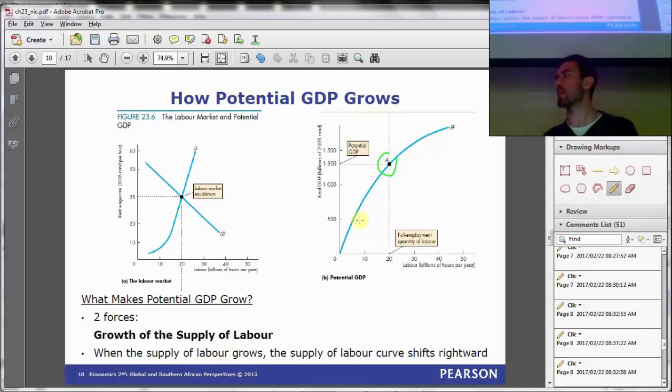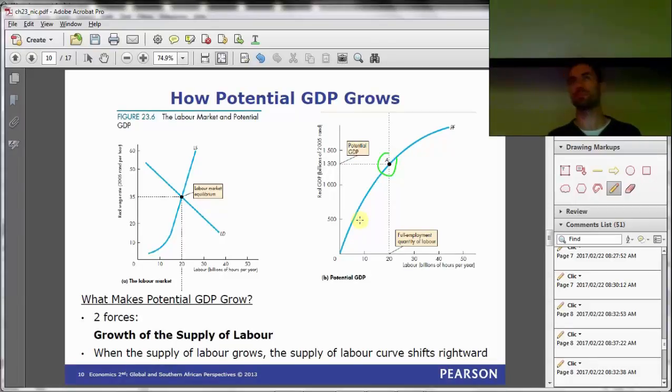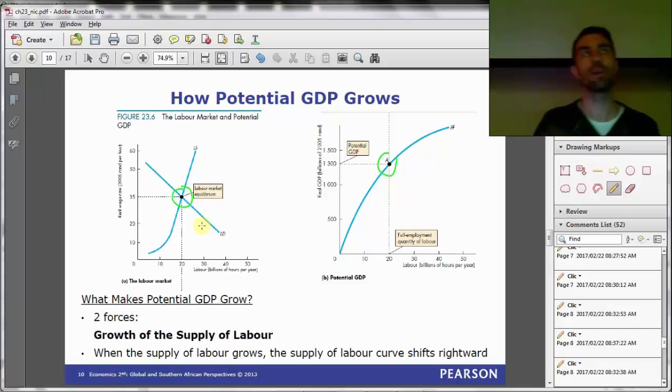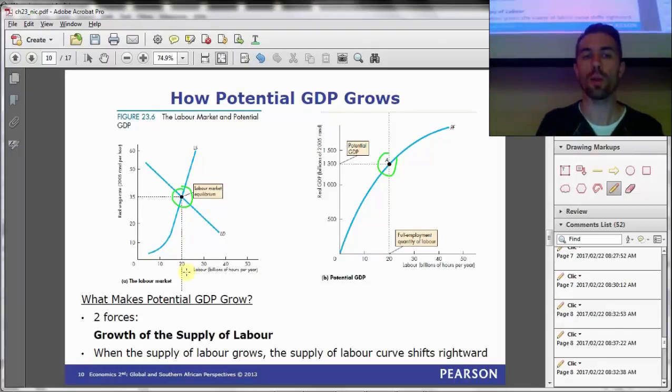In other words, how do we grow our economy? If we're just looking at the labor side of things, remember, what we need to do is to change this equilibrium level of employment. And how do we change that equilibrium level? Simple economic concepts here. We want the equilibrium level of labor employed to increase.